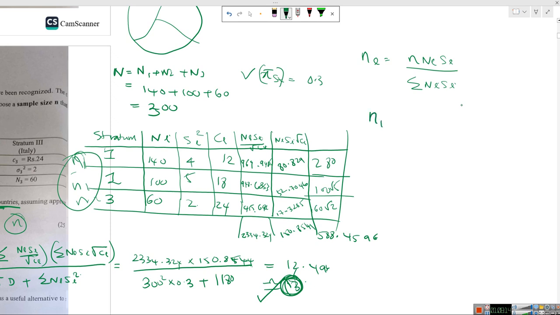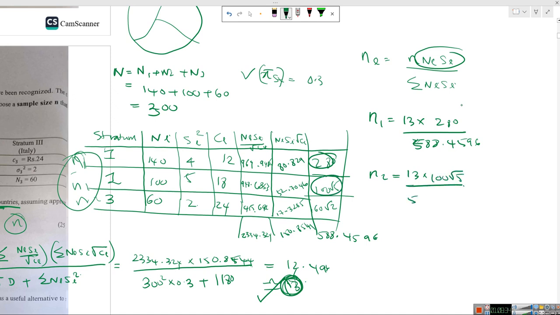So N1 is equal to N, which is 13, into NiSi, this one, 280, divided by 588.4596. N2 is equal to 13 into this one, 100 square root of 5, divided by 588.4596.